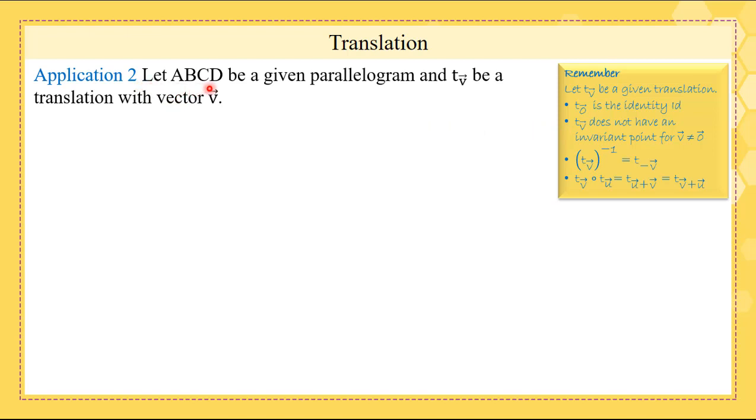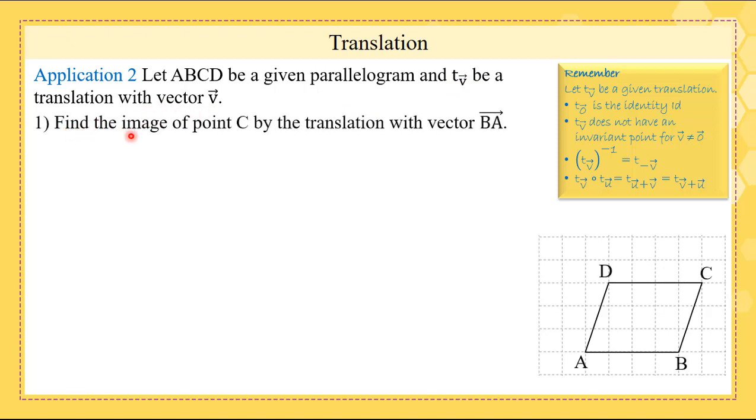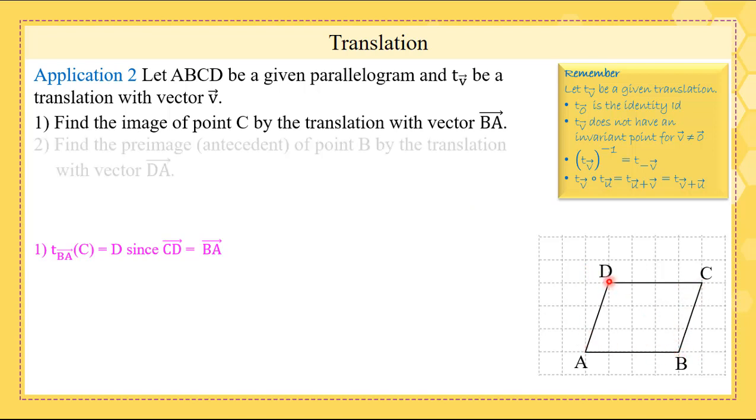Application 2. Let ABCD be a given parallelogram and T_v vector be a translation with vector v. Part 1. Find the image of the point C by the translation with vector BA. Try to do it. In fact, CD vector is equal to BA vector, then the translation of the point C by BA vector is the point D. Part 2.